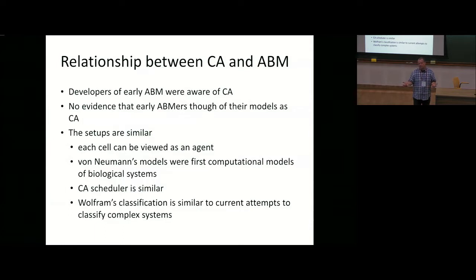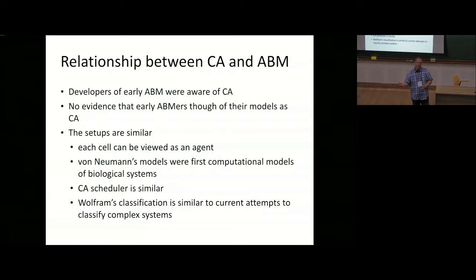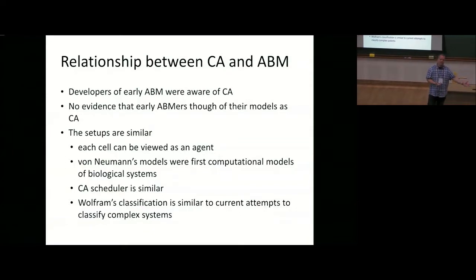It turns out that's surprisingly similar to some of the modern attempts to classify complex systems, right? And a lot of times those modern attempts are using agent-based models to characterize them, right? So there's a lot of relationships there, but they're not directly related.